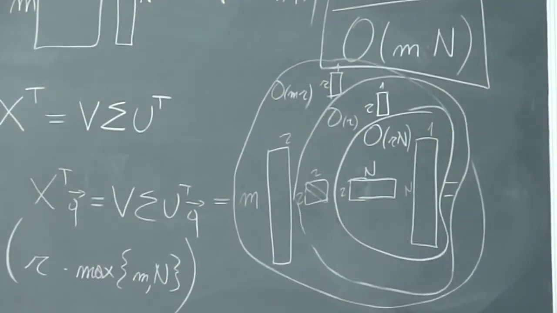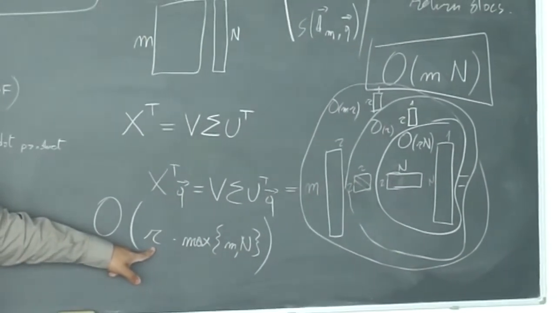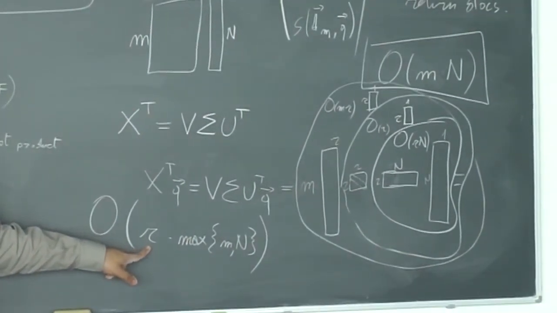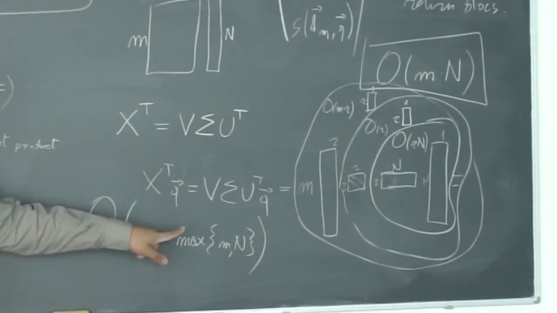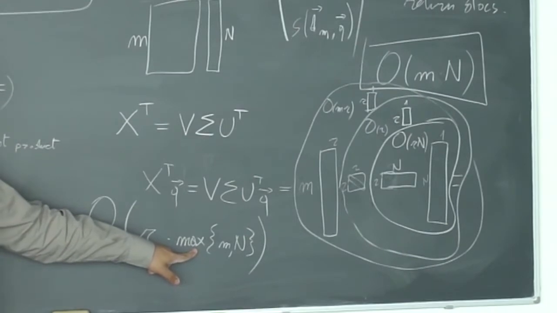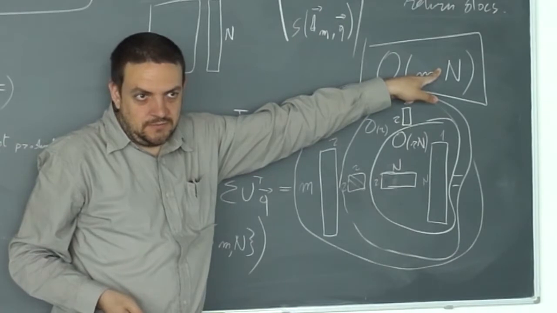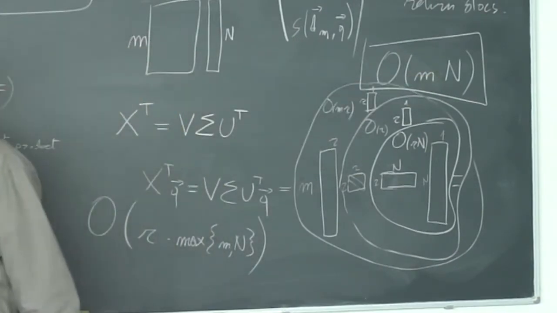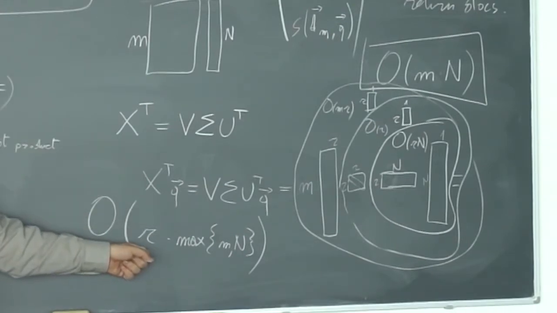Usually R is the smallest between M and N, so here I'm just multiplying the smallest between M and N with the largest between M and N. So I exactly get big O of M times N, unless the matrix actually has a lower rank. If the matrix has a lower rank, then I get an advantage by doing this.